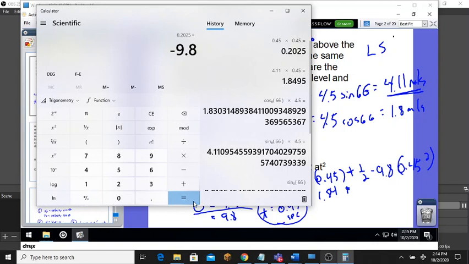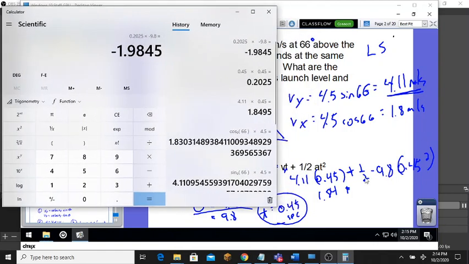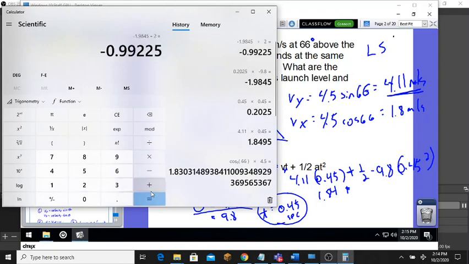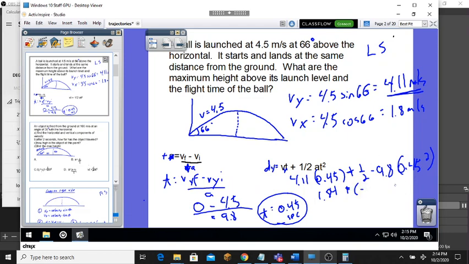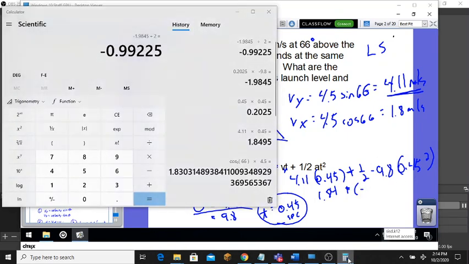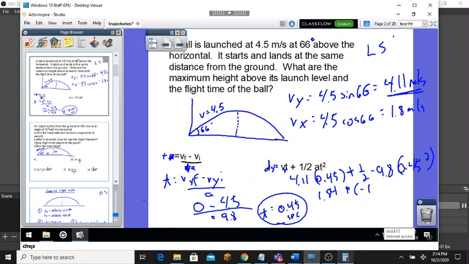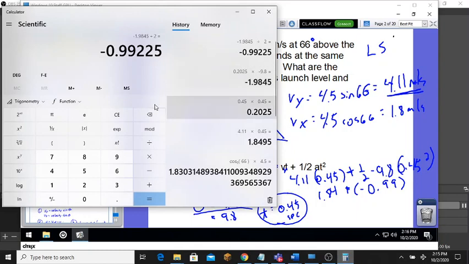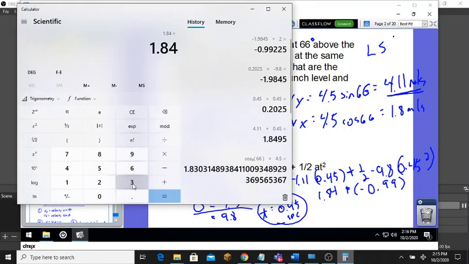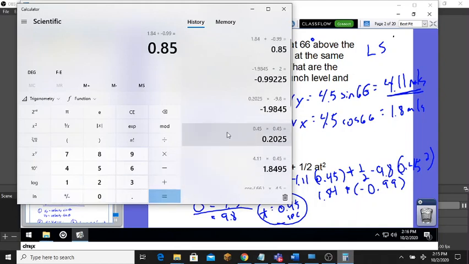And then I'm going to cut that in half, divided by 2. And that gives me negative 0.99. Now I'm going to add these up: 1.84 plus negative 0.99 gets me 0.85.